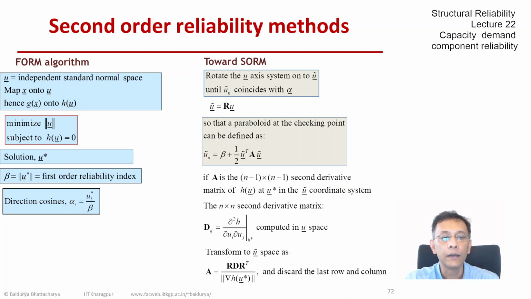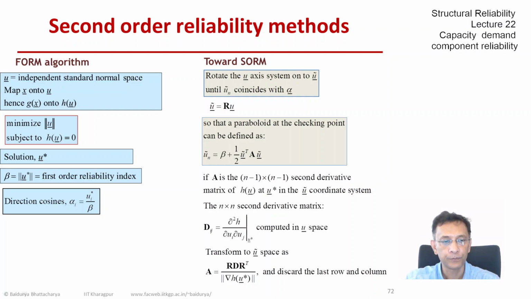So D is the n by n second derivative matrix of h evaluated at u star, and using the transformation R that we already have, we get A in terms of the D. And because A is n minus 1 by n minus 1, we discard the last row and the last column obtained this way.